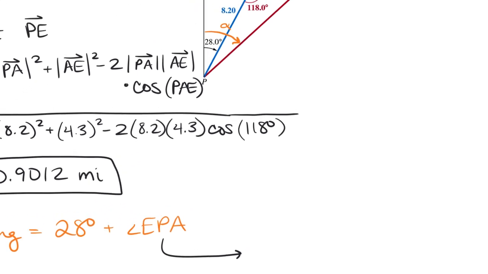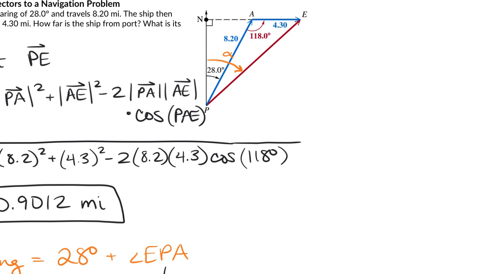Now, this is very similar to the other question we did like this with that resultant vector. Angle EPA can be found using the law of sines because why? What law, I guess, is my question. What law can we use to find this angle? What do we know the pair of?